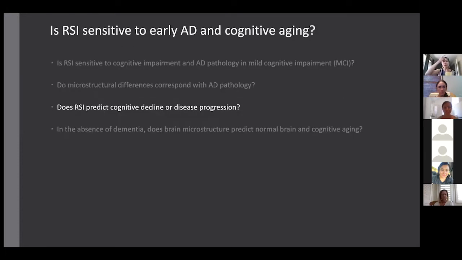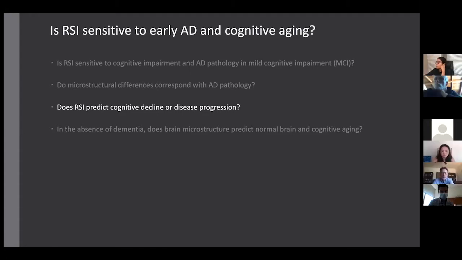Okay, so so far we've seen that these RSI measures of reduced intracellular diffusion and increased free water expansion of the CSF space correspond with cognitive impairment and AD pathology.